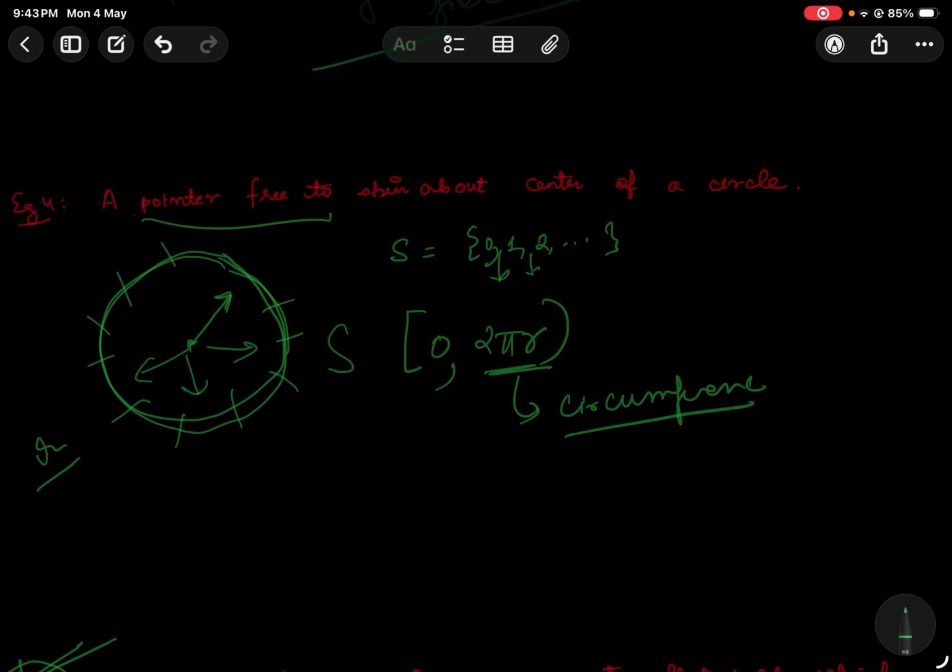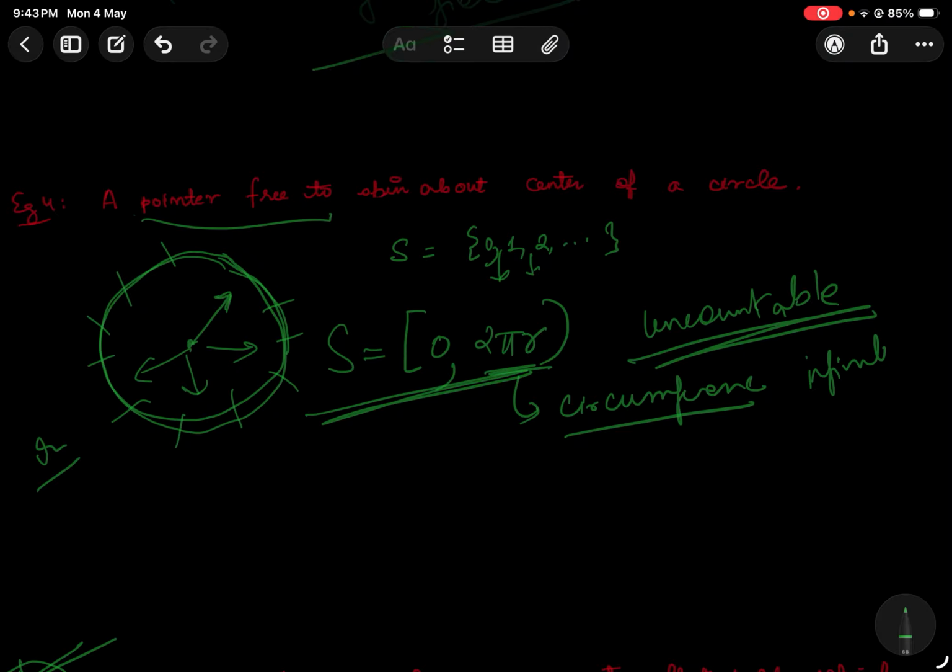So now this sample space is uncountable. It's infinite. And here, not all the subsets of this can have a probability. It's only open and closed intervals that are possible.